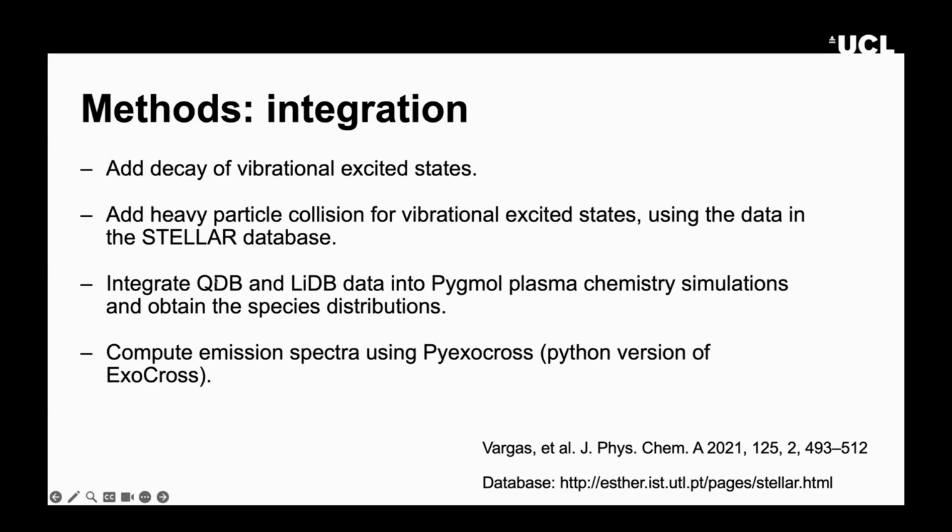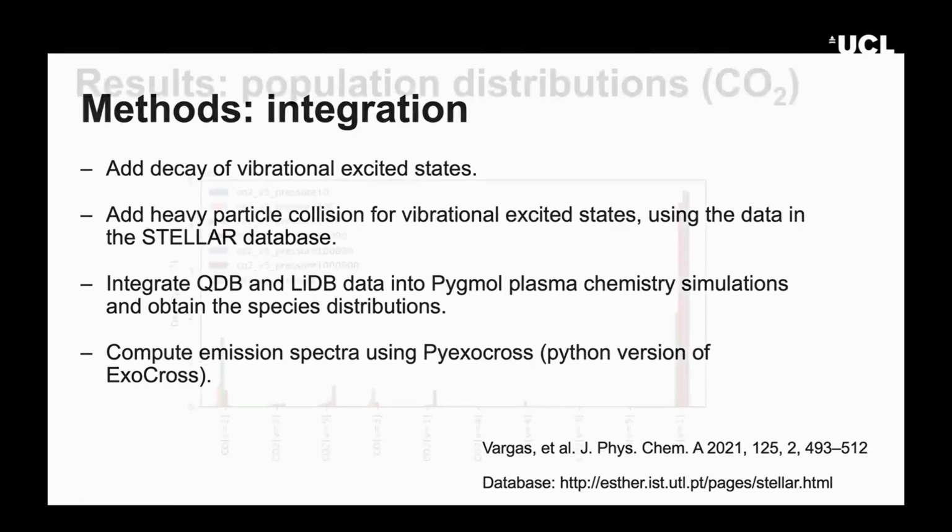We integrate this data, and essentially the decay and heavy particle reactions, into this global model, and then obtain the species distribution. According to this distribution, we then compute the emission spectra using PyExocross, which is the realization of Exocross in Python, developed by Jinxin in our group.